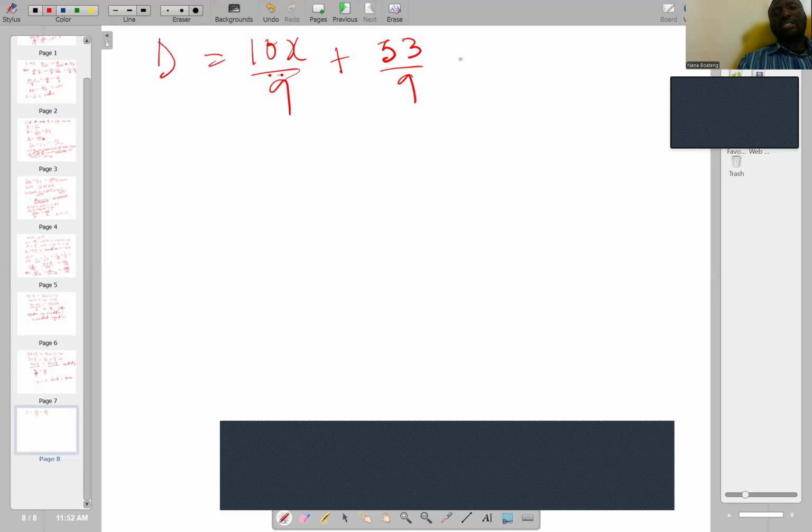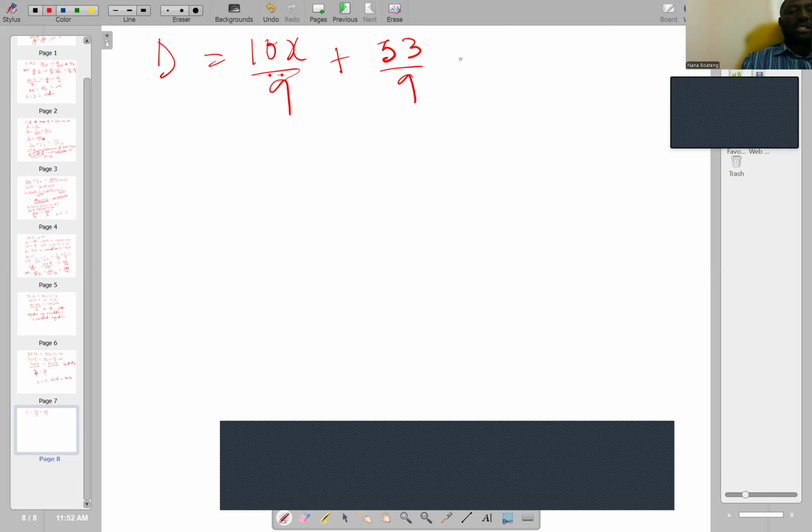We can see that the LCM here is 9. 10 is the same as 10 divided by 1, so a number that can divide 1, 9, and 9 is 9. So if we multiply through by 9, we have 9 times 10 is equal to 9 times 10x divided by 9 plus 9 times 53 divided by 9.